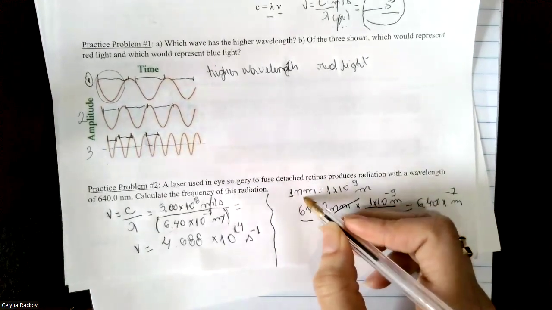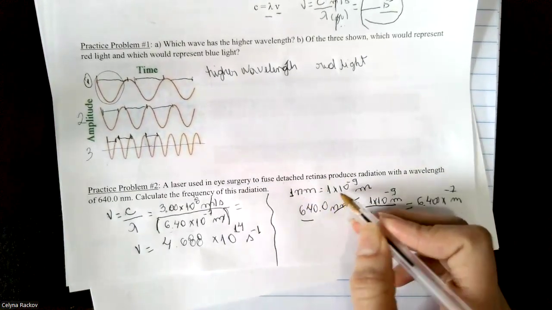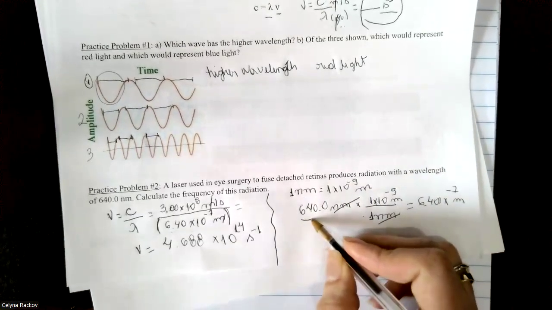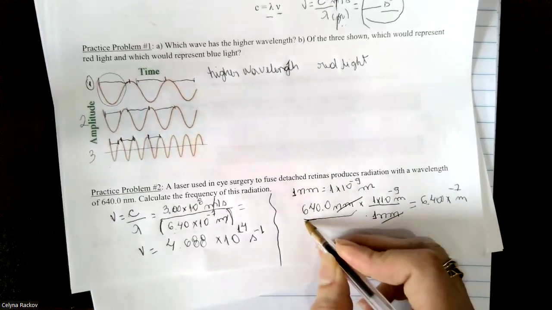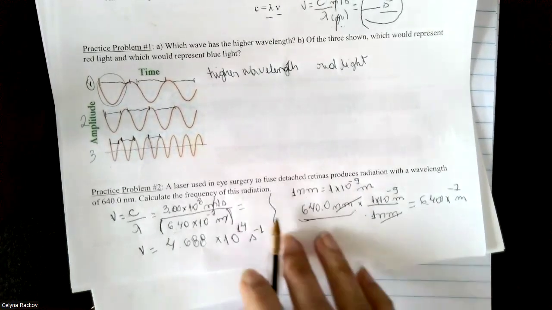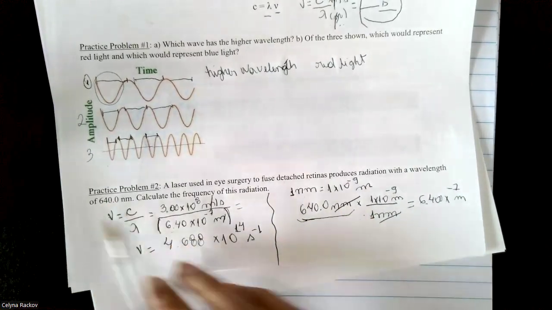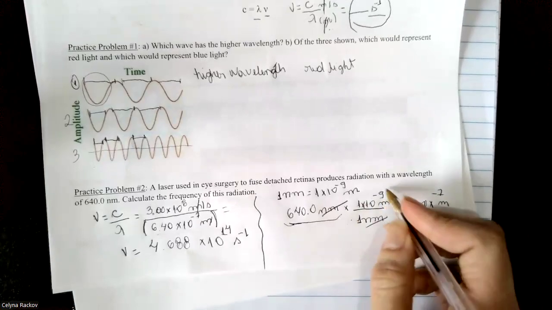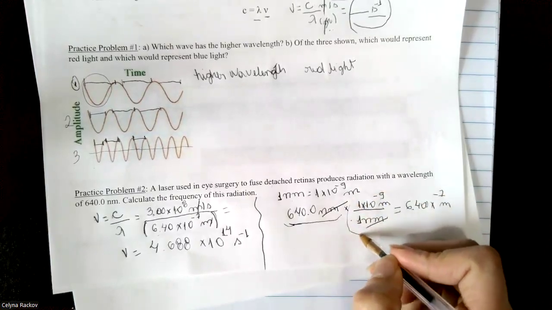Each 1 nanometer is 1 times 10 to the minus 9 meters. So take the 640 nanometers given, multiplied by the conversion factor.